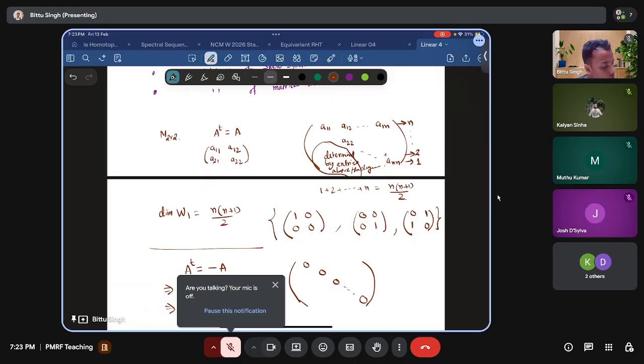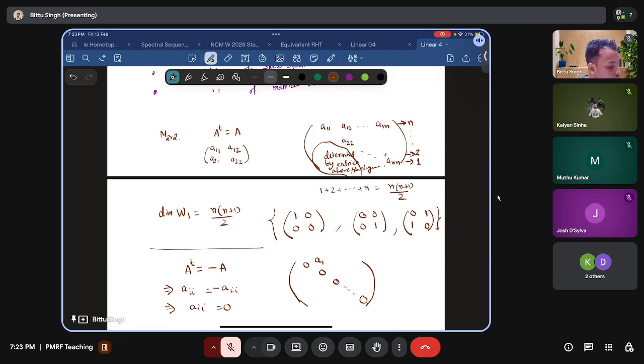And note that whatever you choose, for example, if you choose A12 here, then this element is automatically minus A12 because of skew symmetricness. Similarly, A13 will give me minus A13 here, like this.